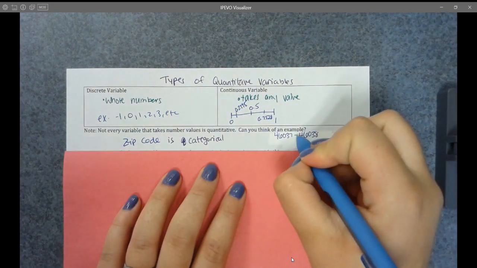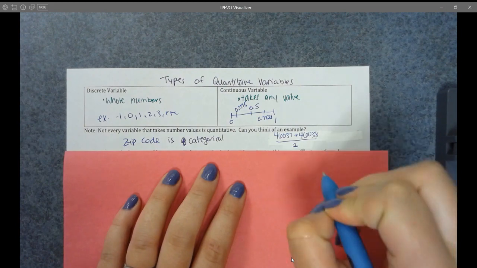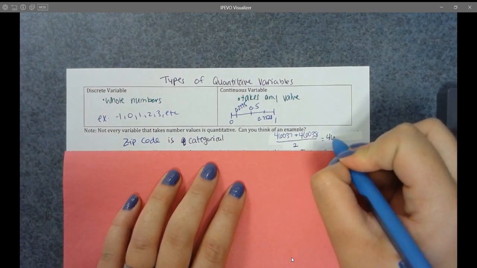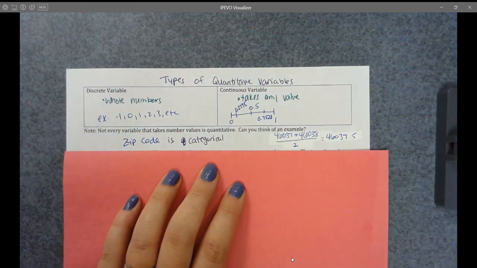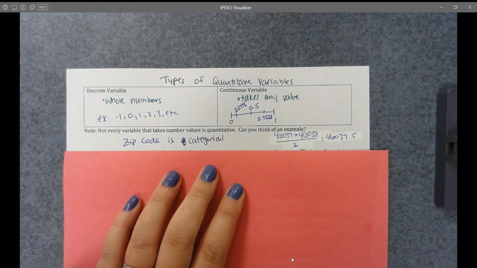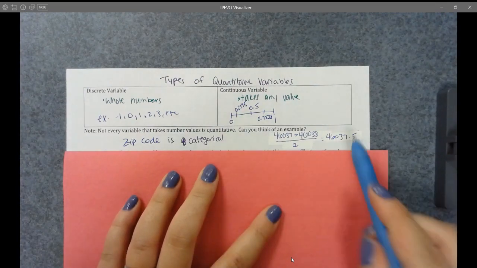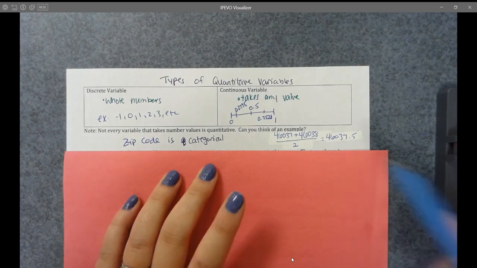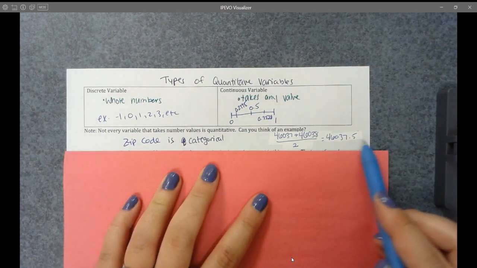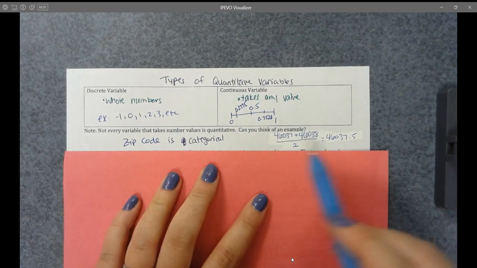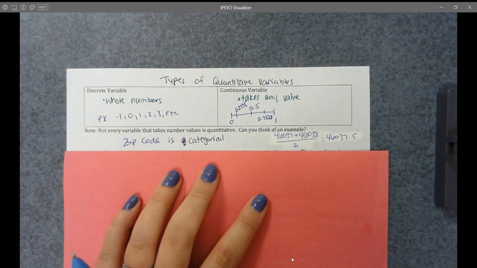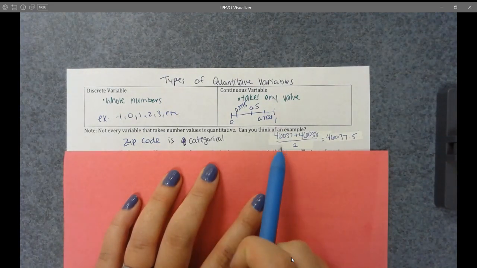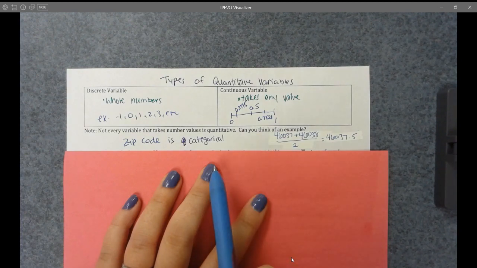If I wanted to find the average, I would add them up and divide by 2, which would give me 46037.5. What in the world does that mean? We're talking about meaning a lot in AP Statistics. Having this as the average of your zip codes doesn't really have a lot of meaning to me. So zip code would be a categorical variable because it does not make sense to find the average.